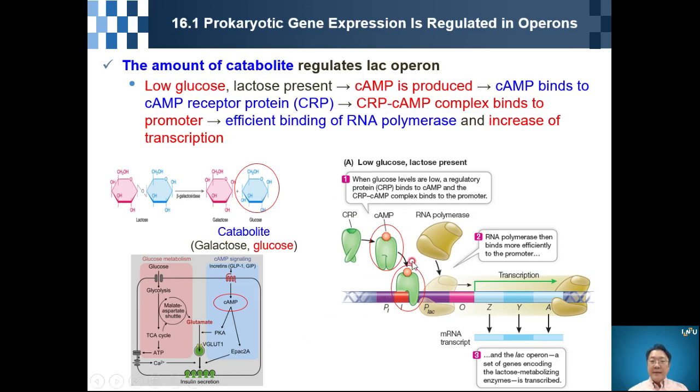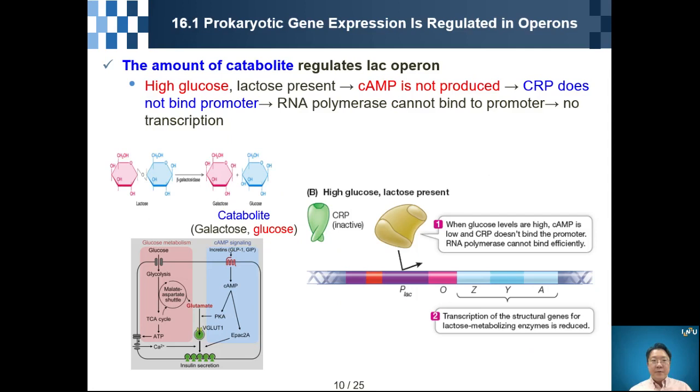This binding induces efficient binding of RNA polymerase, and it will increase transcription. So this is one case, when the amount of glucose is very low.